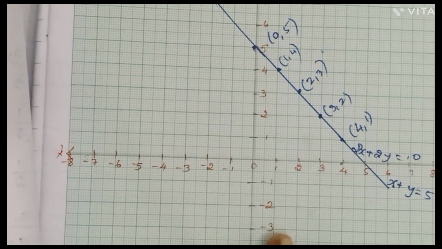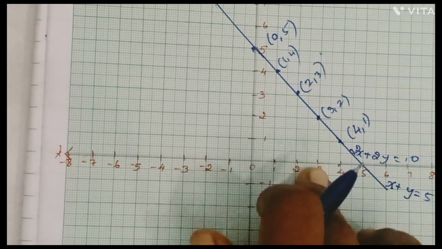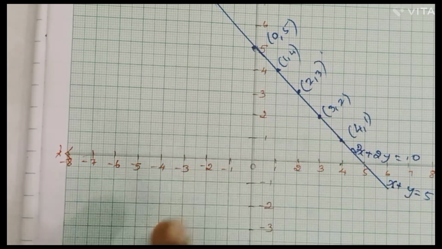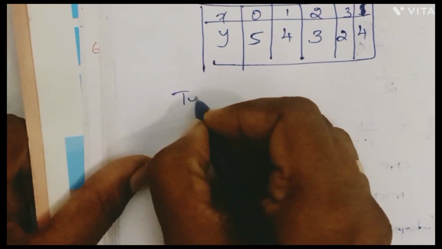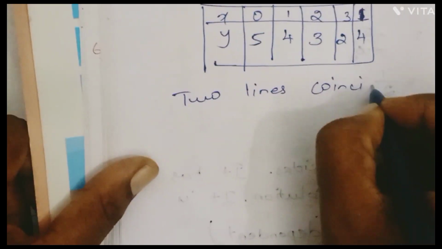So the two lines coincide each other. So what do we say? We say that the two lines coincide each other. So it has infinitely many solutions.